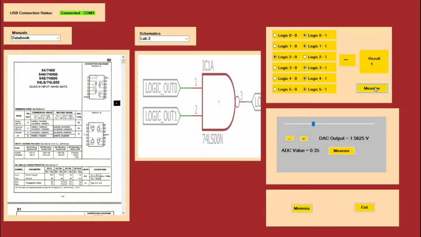Okay, so now I'm going to move the leads over to the other circuit. So this is A, coming over to here. The output is coming to here.